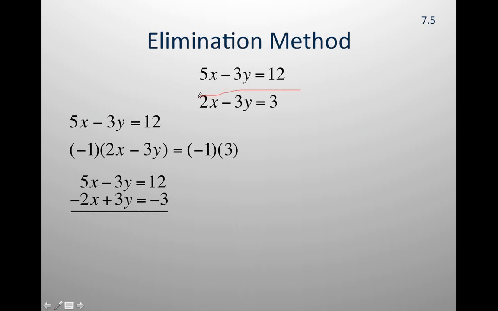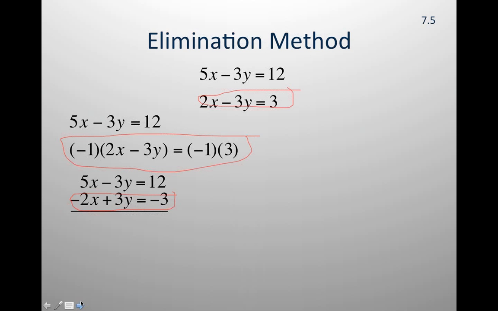And everything gets multiplied by negative 1. So the 2x multiplied by negative 1, the negative 3 multiplied by negative 1, and then the positive 3 multiplied by negative 1. And that ended up giving us this brand new equation down here.